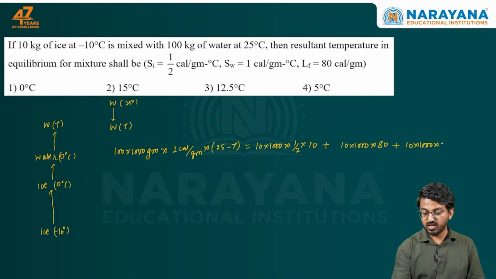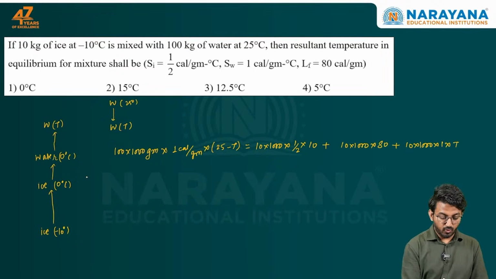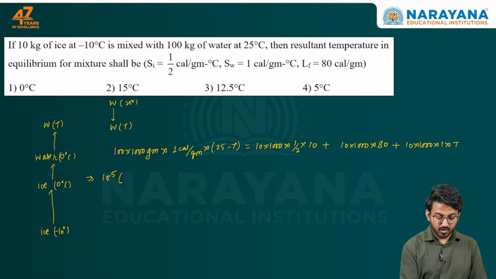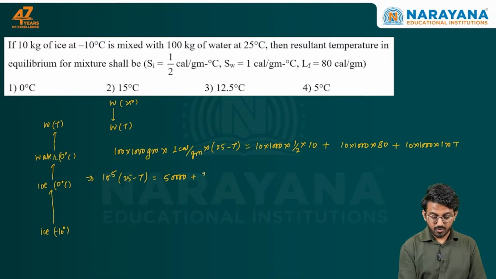For water, specific heat is going to be 1, and delta T is going to be T, 0 to T here. So going further in this relation, I will get 10 raised to power 5 into 25 minus T is equal to 50,000 plus 8 lakh plus 10,000 T.